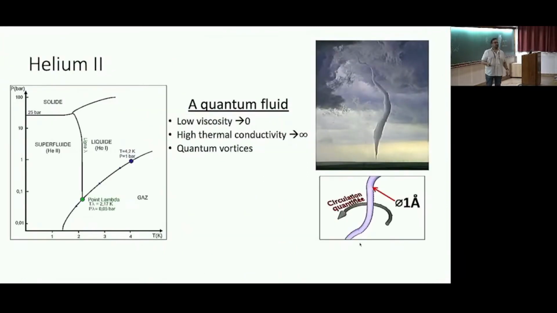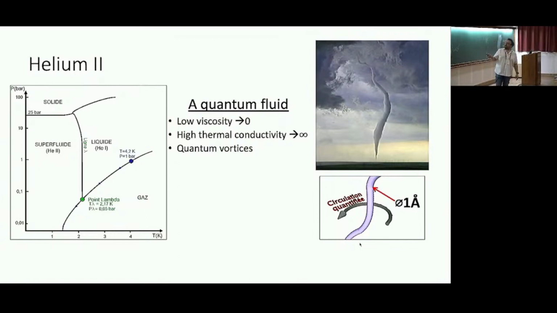So a very quick introduction, because we already heard about helium-4, but it's a very nice fluid that has a very peculiar phase called helium-2 when you go to low temperatures. This fluid has many peculiar properties. Roughly speaking, it has a very low viscosity, an extremely high thermal conductivity, and it contains quantum vortices.